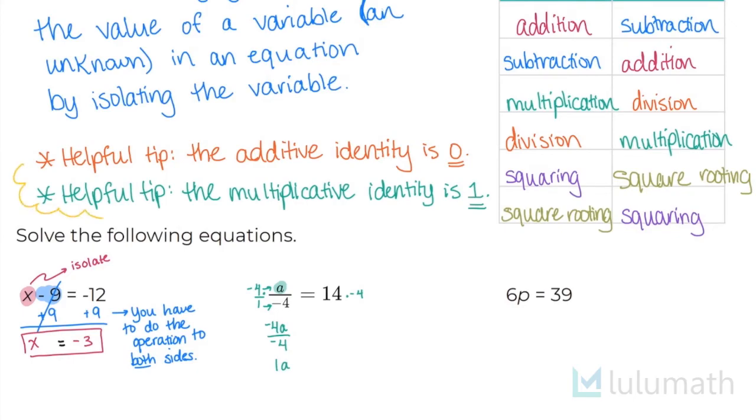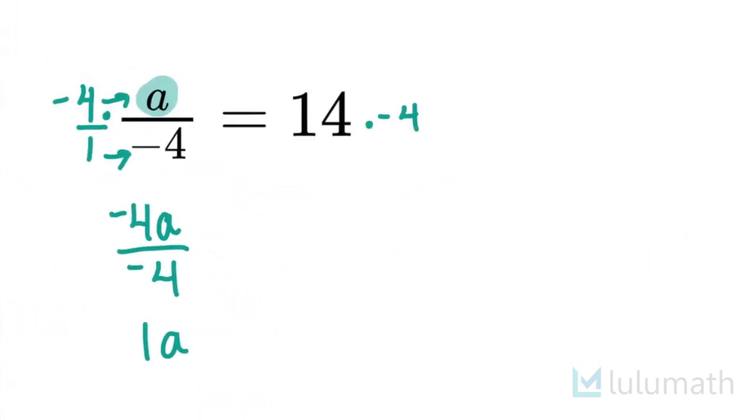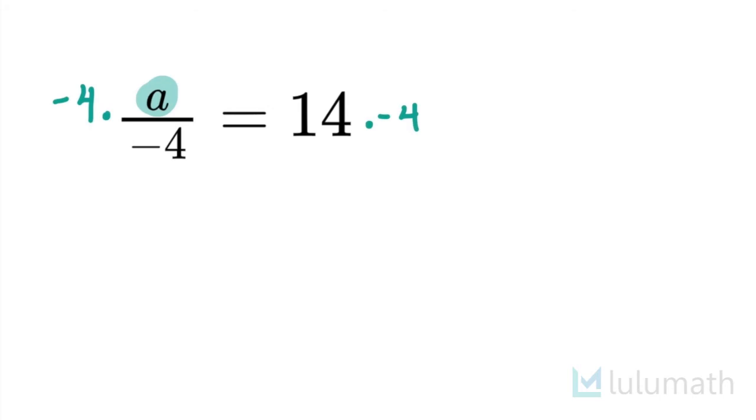So here are two really helpful tips to make sure that we are solving our equations correctly, depending on whether there's addition or subtraction versus multiplication and division. Let's go back to this problem here. You're not expected to write all of this stuff out. Pretty much the biggest thing that you need to understand is that this negative 4 and this negative 4 cancel out.